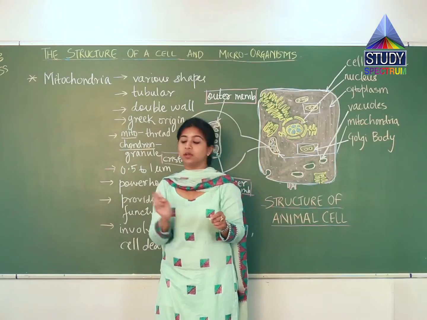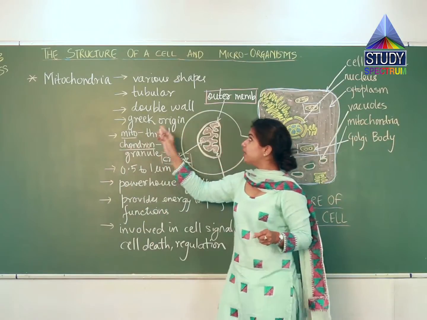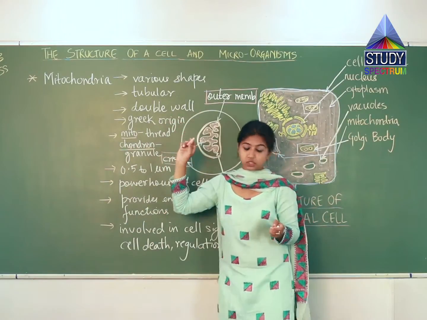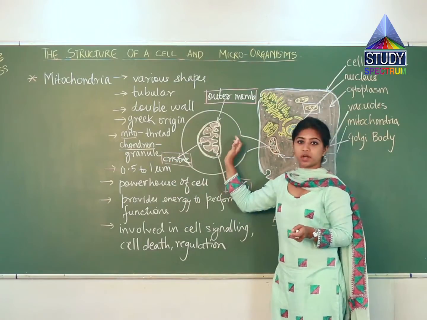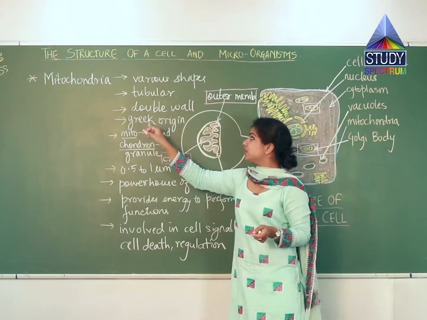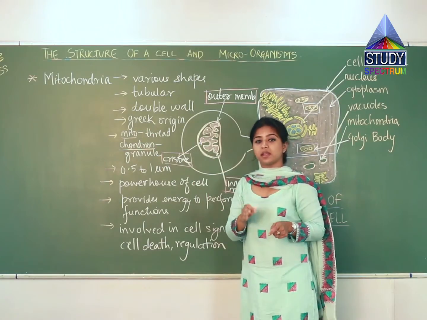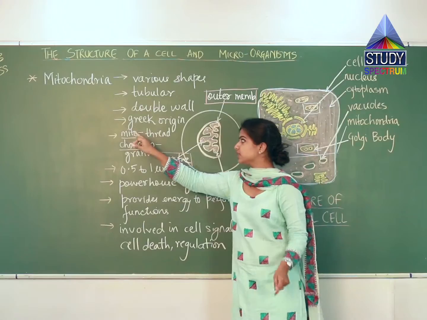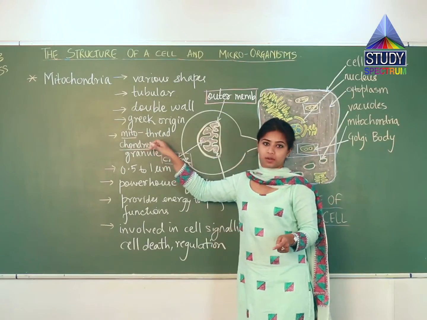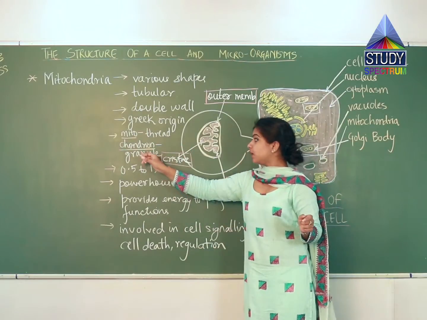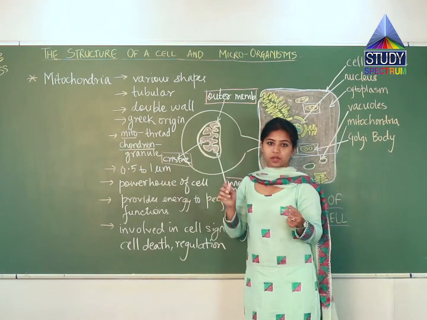focus on the mitochondria. So mitochondria comes in various shapes. It is cupular, right over here. I've drawn the structure, you can have a gist of it. Then the word mitochondria comes from a Greek origin, and in the Greek origin it means that mito is a thread-like structure and chondrion is a granule or a grain.